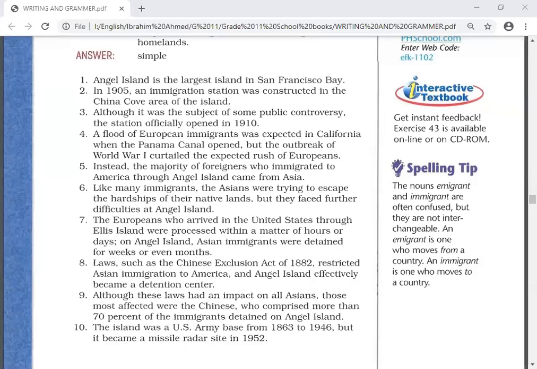It's complex. Why? Because there is a subordinate and another independent clause. Where is the subordinate one? Although it was the subject of some public controversy. Now we are doing number 2.